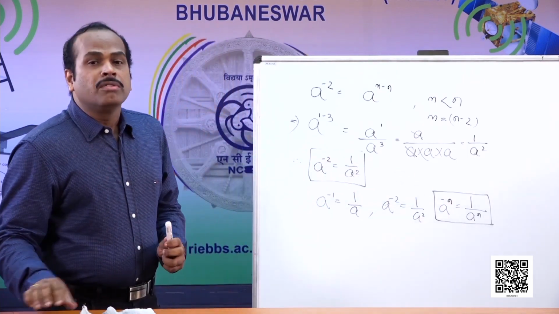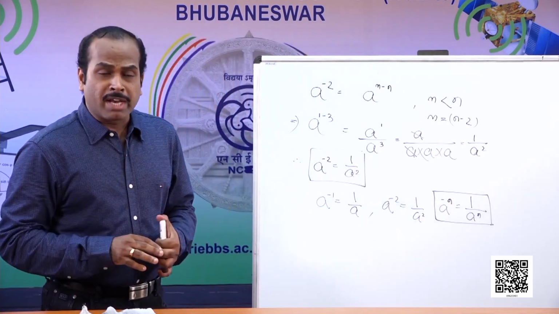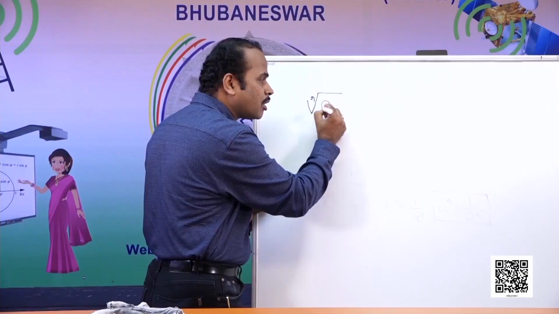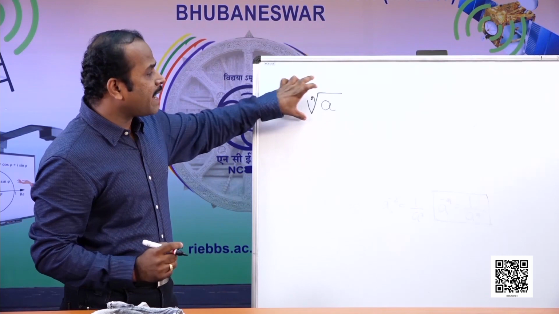Now, let a be a positive real number and n be a positive integer, let me check again. If I take a as a positive real number and n as a positive integer, for that the nth root of a. So what do you mean by nth root of a?